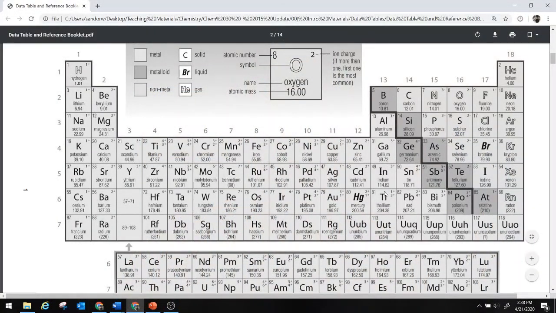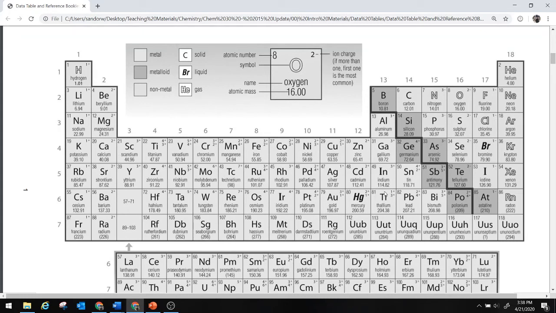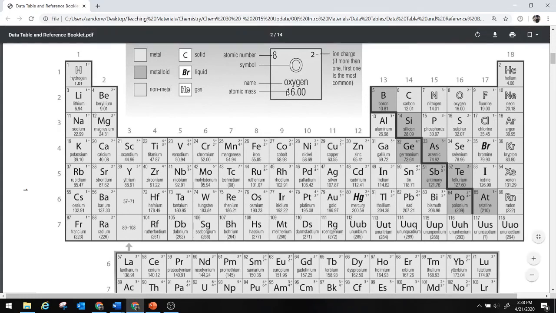What we should recognize, though, is a major pattern that reveals itself when we look at the periodic table. If you were to look at all of the ionic charges on your periodic table, you would notice that something kind of strange happens.